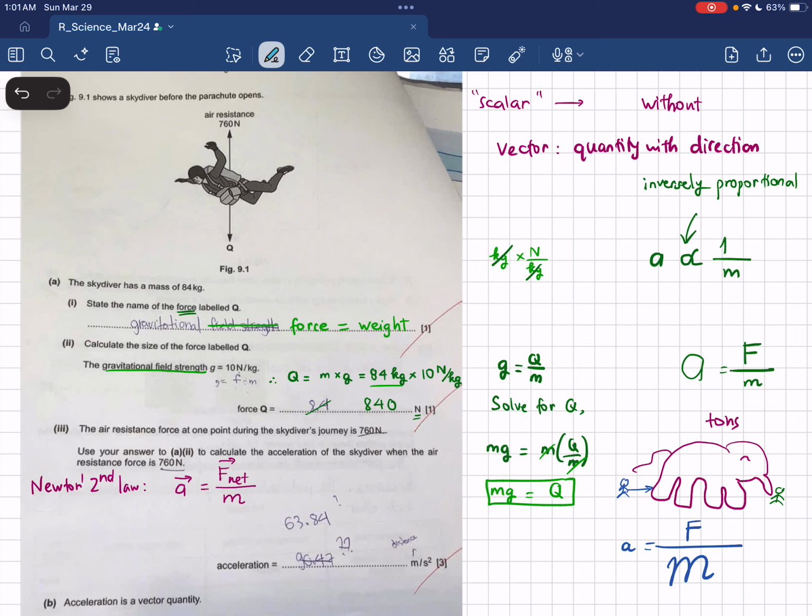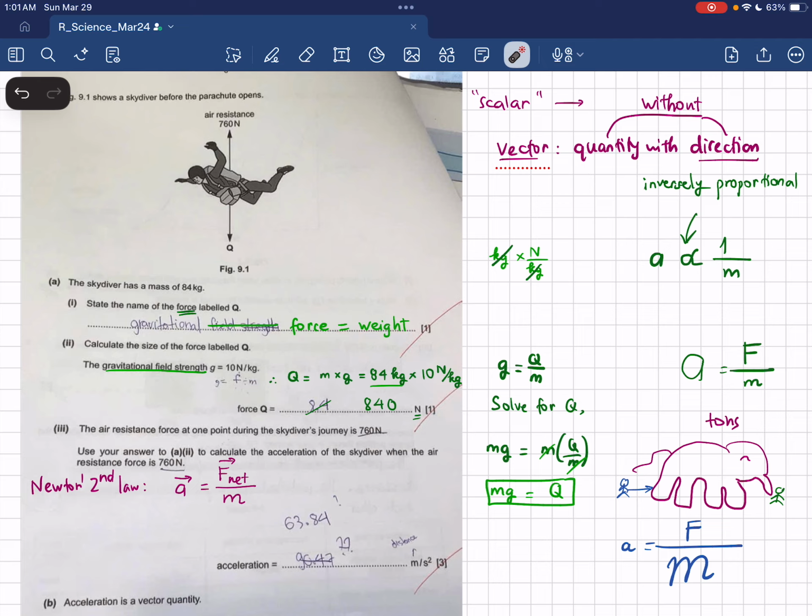A scalar quantity is a quantity without direction, but a vector is with direction. What does direction mean? Well, you can see here air resistance pushes it up and the gravitational force pulls it down. So basically it tells us in which direction the two things are interacting with each other.